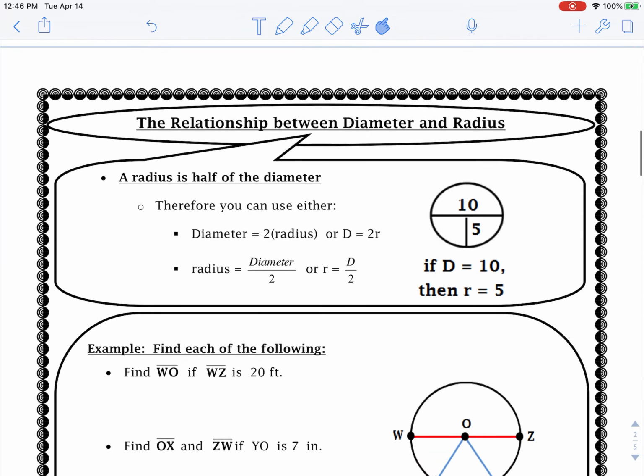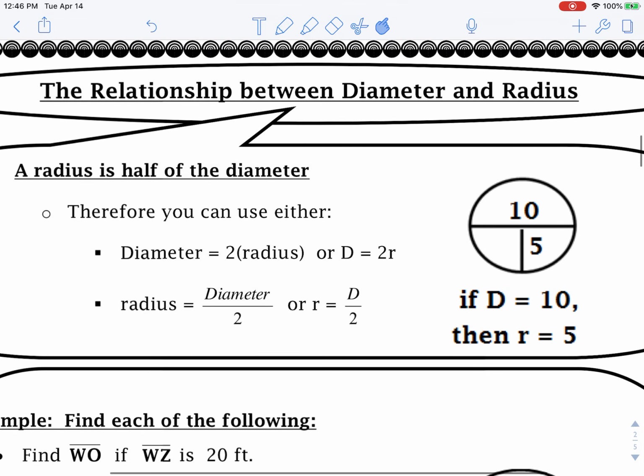Okay, let's look at the relationship between diameter and radius. A radius is half the diameter, or the diameter is 2 times the radius.